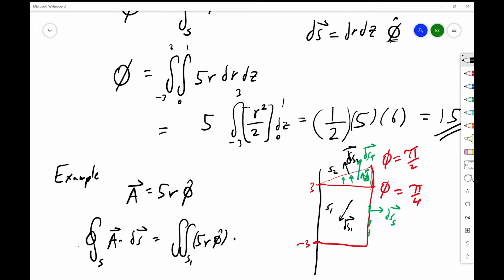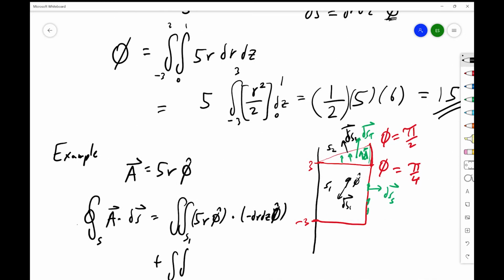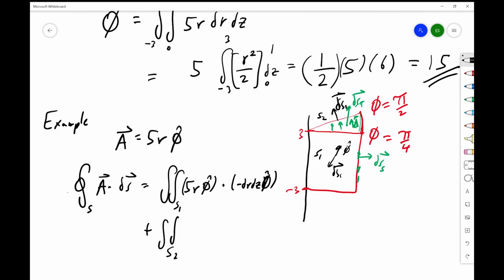Phi hat is in this direction, because that's the direction where phi is increasing. So this is going to be minus dr dz phi hat, plus the integral over S2 of 5r phi hat dot, in the back surface, it's just going to be dr dz phi hat.